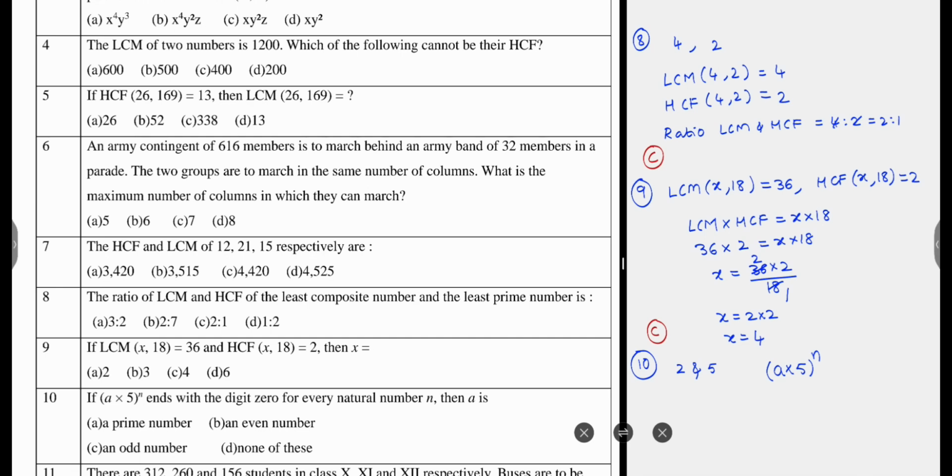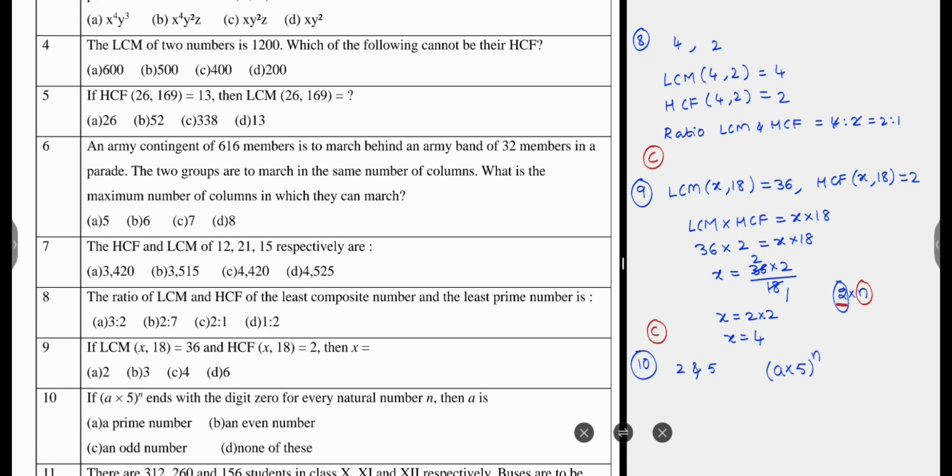But when you select an even number, every even number is in the form 2 into some value. This n can be any number, but before that, 2 will be there. It is compulsory, it will be a multiple of 2. So if a is an even number, 2 will compulsorily be there. So when there is 2 in a, there will be 2 and 5 in the prime factorization.